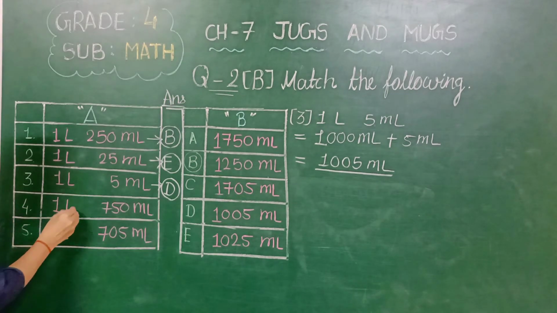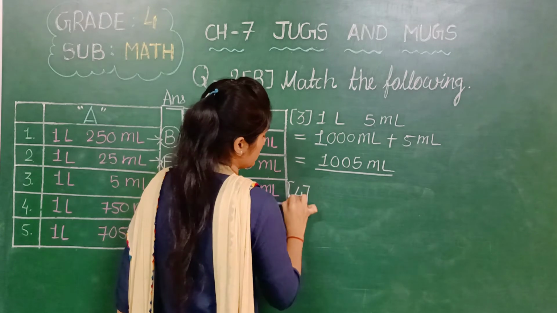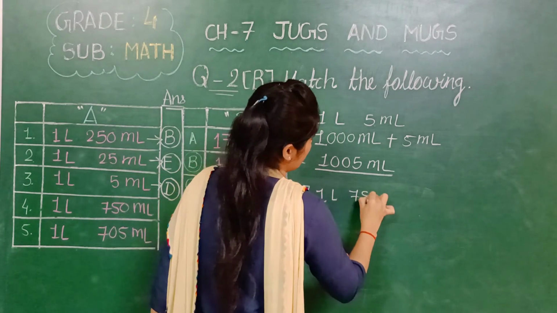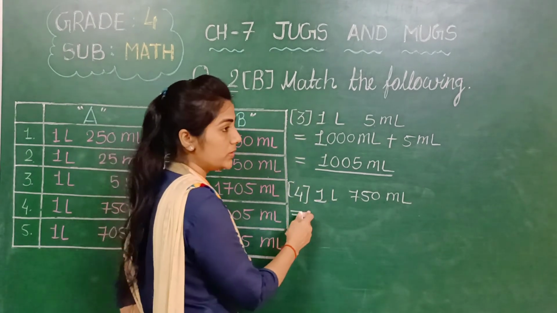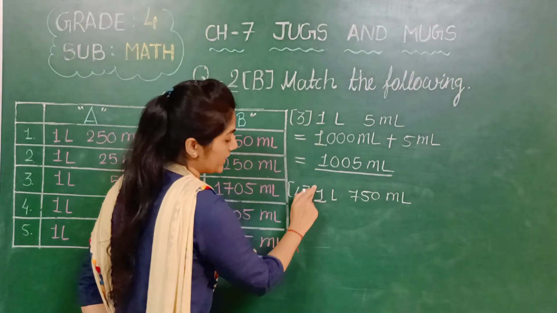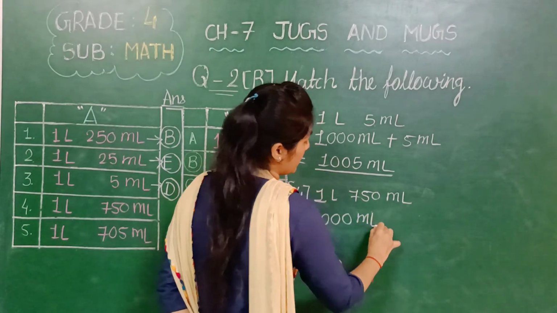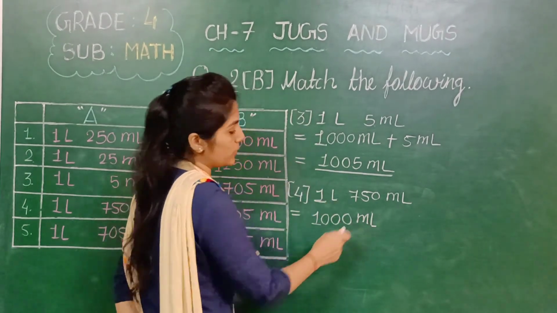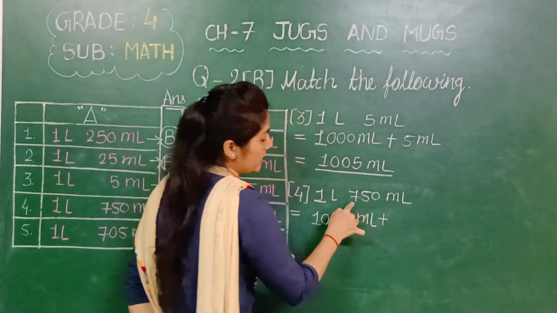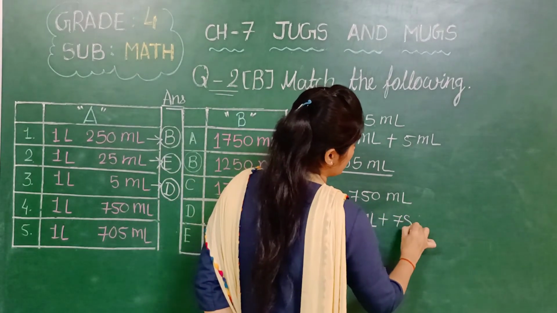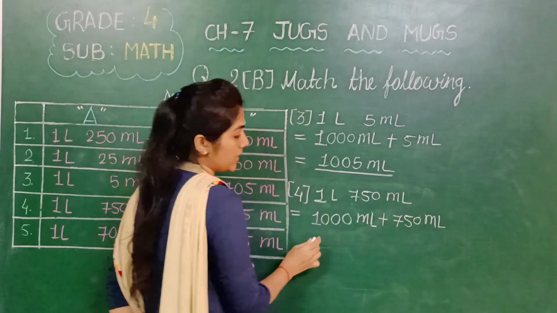Number 4 I am explaining: 1 liter and 750 milliliter. If you want to write the formula, you can mention that 1 liter is equal to 1000 milliliter. But now directly 1 liter is given, so I am writing here 1000 milliliter, because we are converting this liter into milliliter. So 1000 will come in place of this 1 liter. Put addition sign and put this 750 milliliter same as above, because this is already given in the milliliter unit.